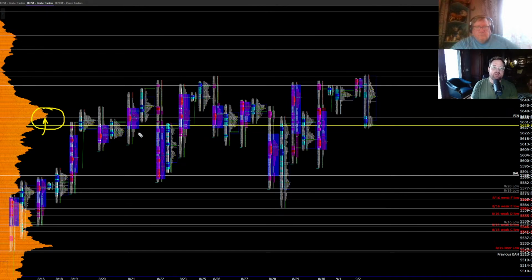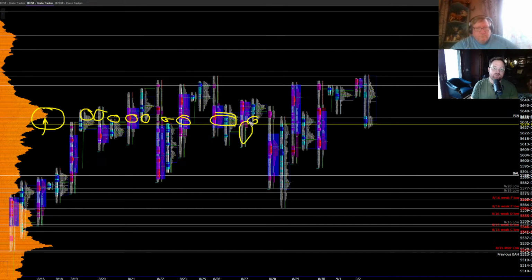The second thing is areas where the market reverses over and over again and where the market spends a lot of time. So if we look right here, reversal in here, reversal in here, reversal in here, spends a lot of time. Reversal in here, passes right through there with some single prints, spends some time. Reversal here, reversal here.